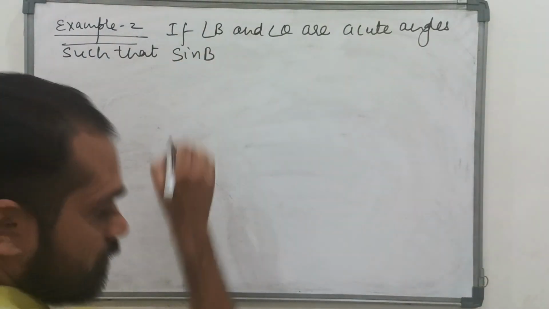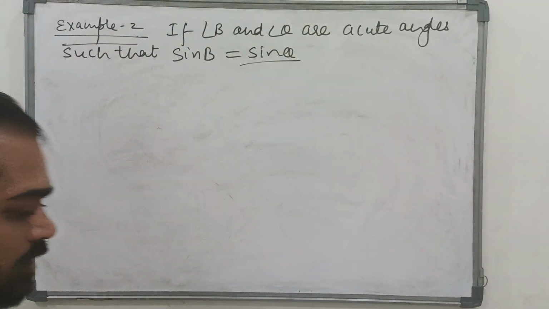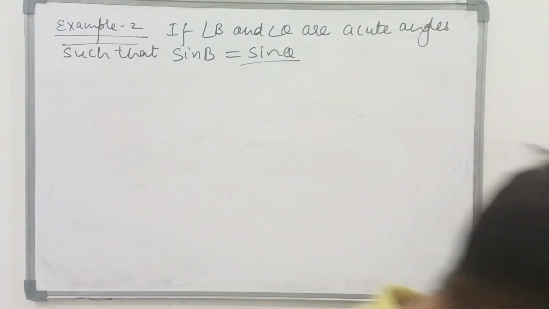Such that sine B is equal to sine Q. Understood? Okay. Such that sine B is equal to sine Q.